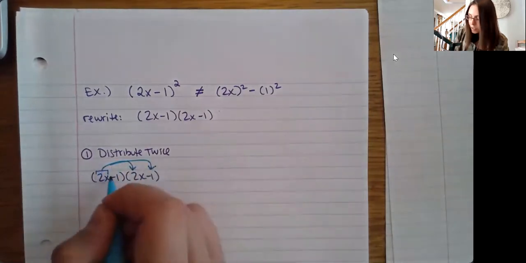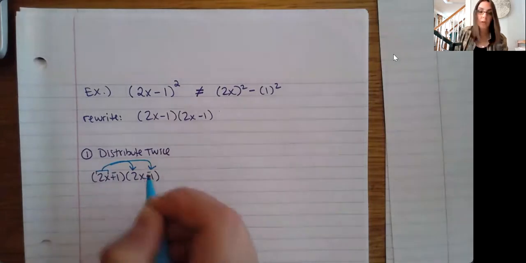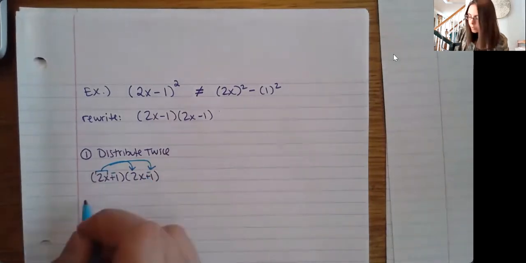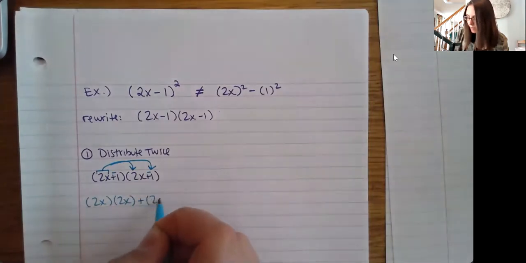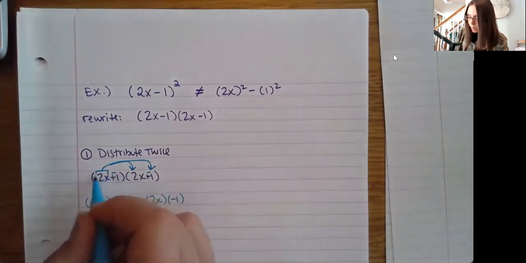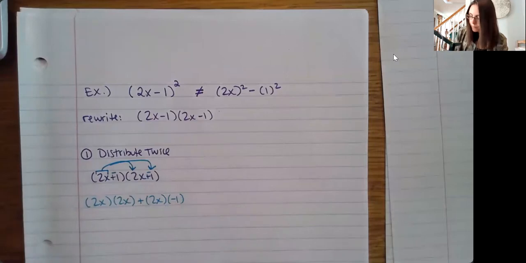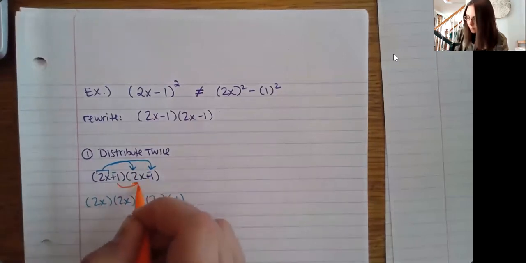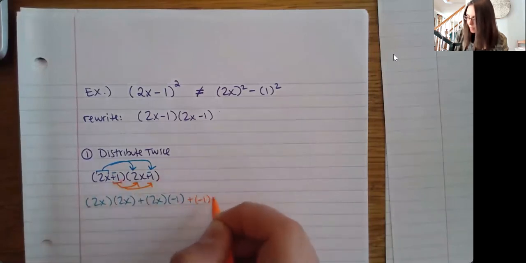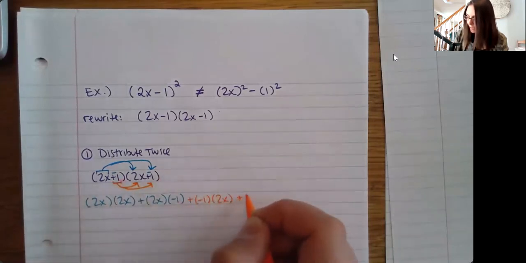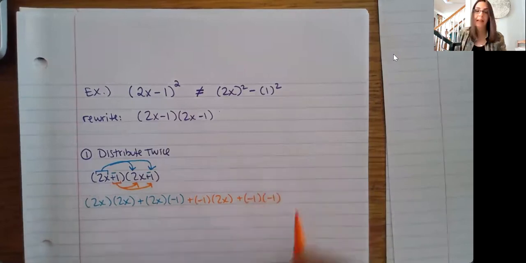And again, I am going to just change those over so I can make sure I don't lose those negative signs. So I have 2x times 2x, and then 2x times negative 1. So I'm distributing that 2x. And then I'm going to take that negative 1, multiply it by 2x, and take that negative 1 and multiply it by negative 1 again.